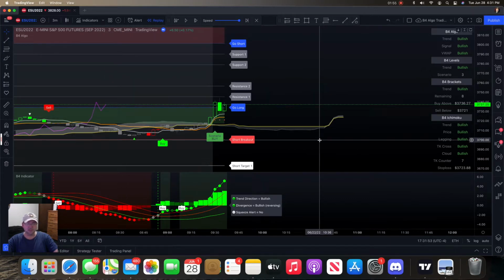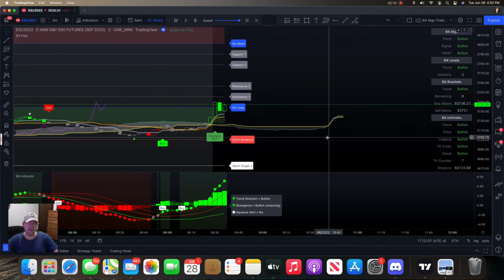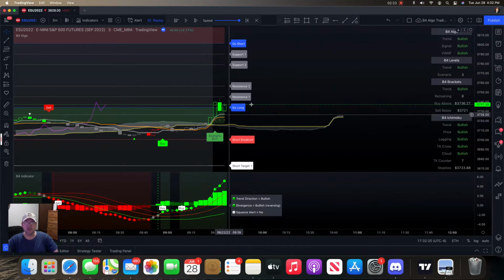Now, when Ichimoku was first started, there were only two lines that were used, and that was the Kijun-sen and the Tenkan-sen. I'm not going to go into the mathematics behind everything here. You can look that up. There's resources everywhere on the internet about that. What we're going to focus on today is how I use it in my trading specifically.